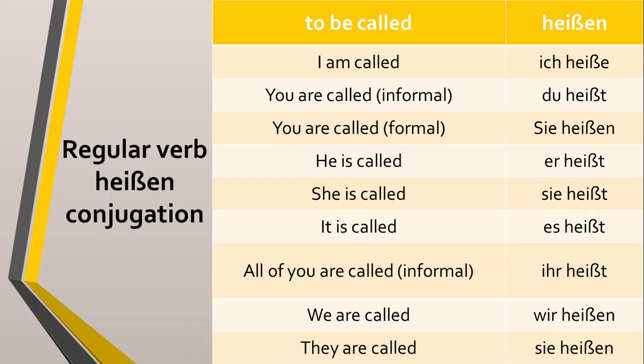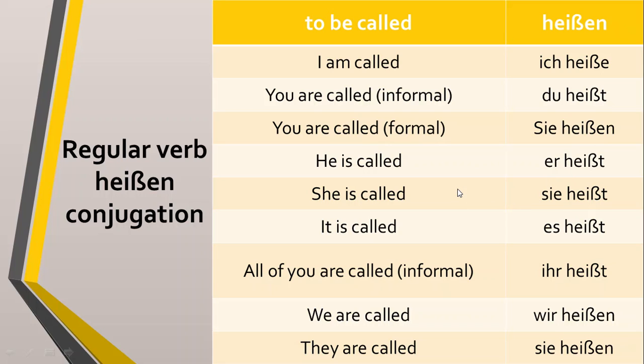So, "heißen" is "ich heiße" for "I am called", "du heißt" for "you are called" informal, "Sie heißen" for the formal version. "He, she, it is called" is "heißt", so "er, sie, es heißt", and the form of "heißen" is the same for "er, sie, es".